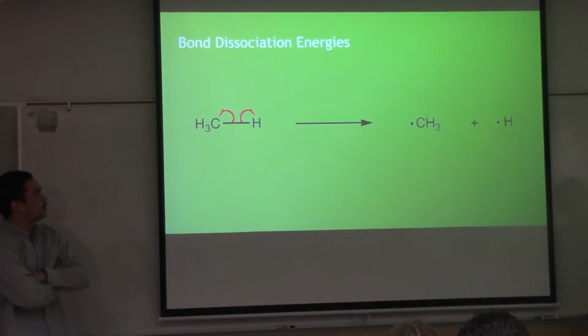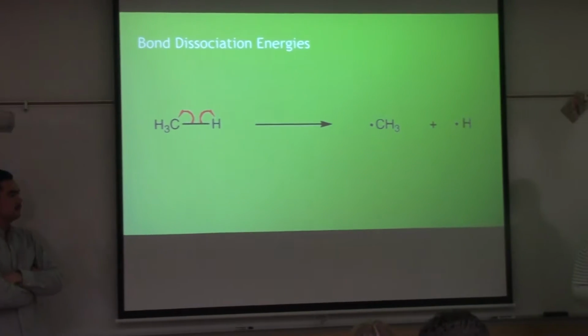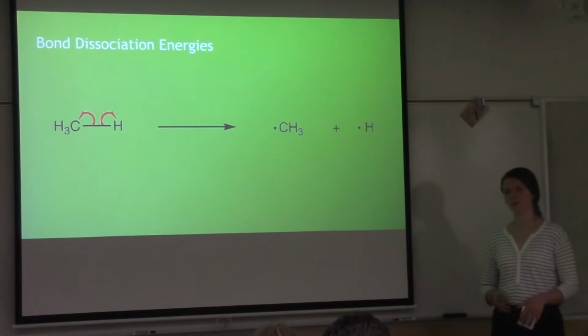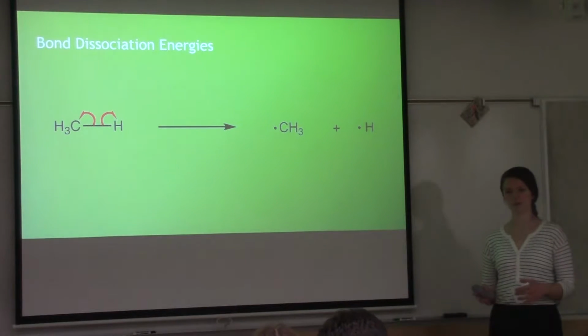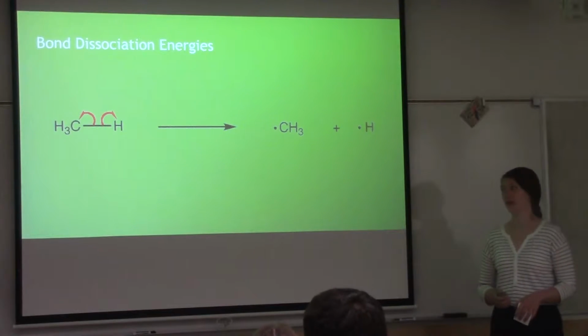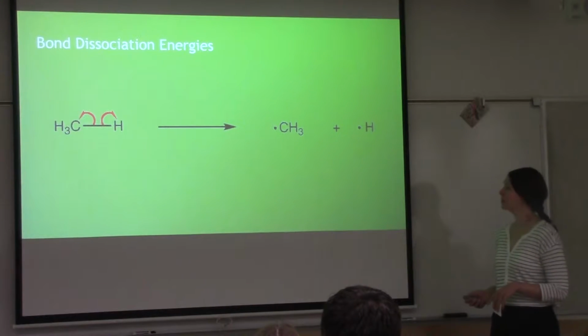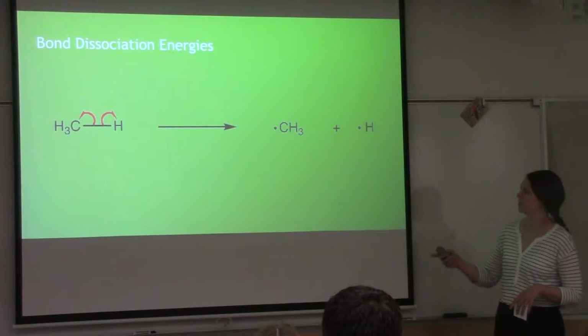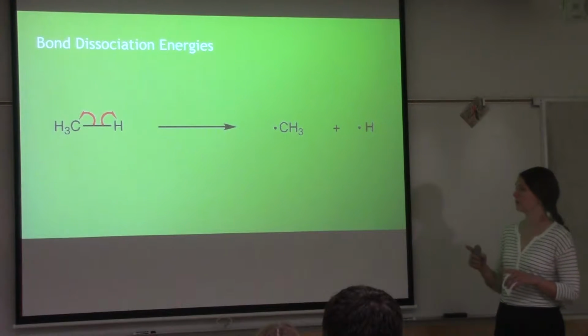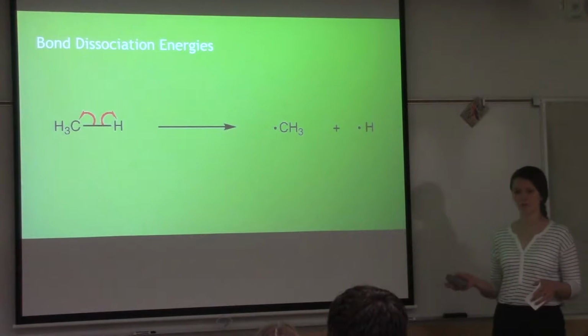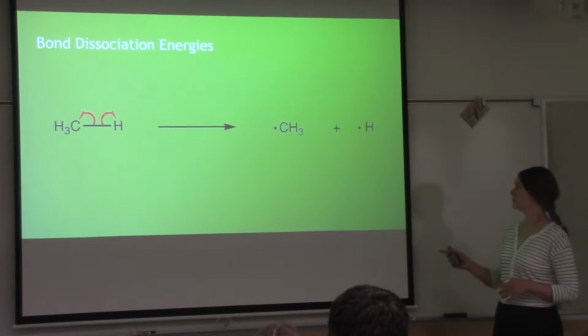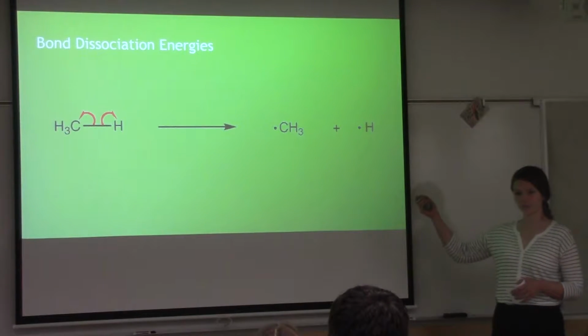And so the basis for our model is going to be bond dissociation energies. If you remember from chemistry, these energies are stored within the bonds and are either released or put in during a chemical reaction. So here we have an example, H3C bonded with H, so that's CH4, methane, and it's breaking up to form CH3 and hydrogen.